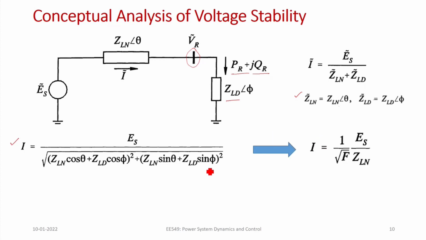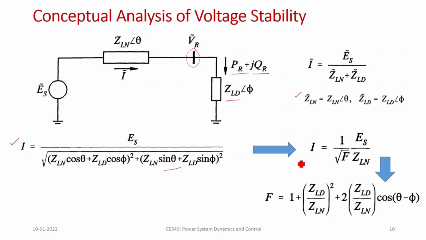And if we manipulate it a little and take ZLN out of this equation, we'll find 1 by root F times ES by ZLN, where F is nothing but 1 plus ZLD by ZLN squared plus twice the cross term. Just by manipulation, we'll get it.